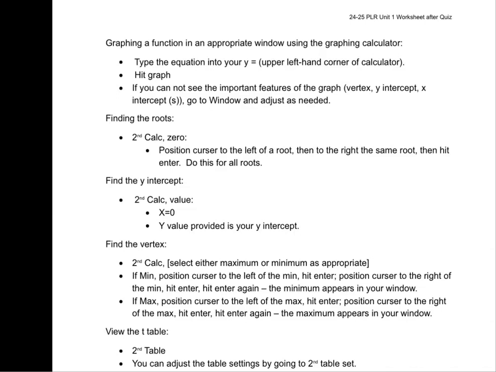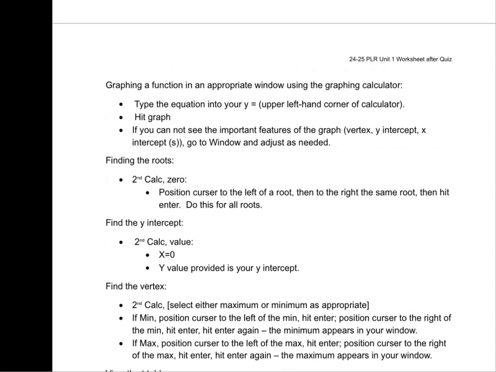So what I've done here is I've written out all kinds of steps to take. So I'm going to do these steps, and I'm going to do it on the following equation. Okay, I'm going to do this on y equals x squared minus 3x plus 4.